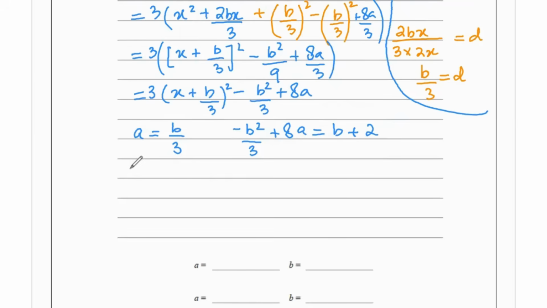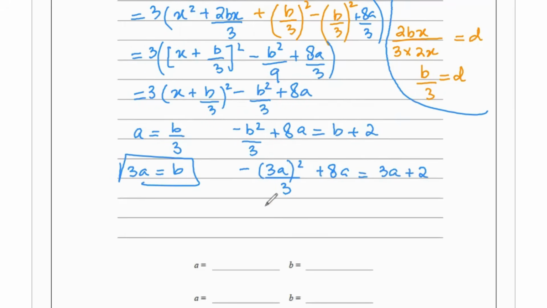So 3a equals b. Put in this equation, minus 3a whole squared over 3 plus 8a equals 3a plus 2.